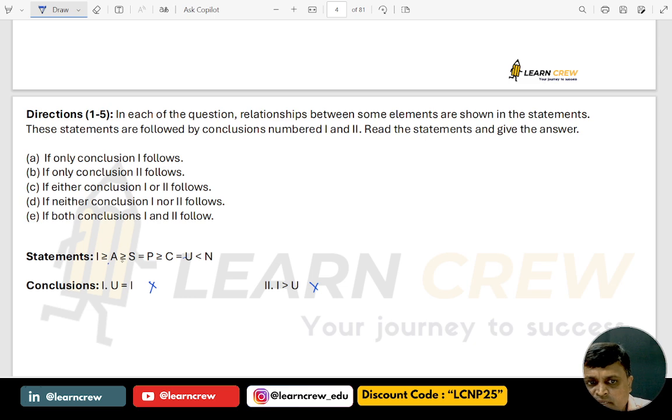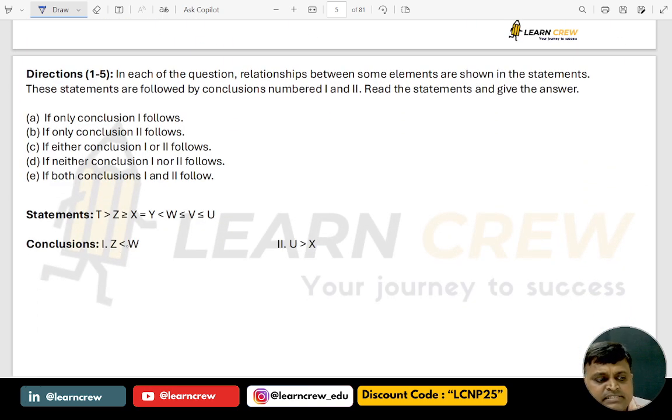Only one inequality you have between I and U. You have equal sign and you have greater than sign. So you will get I greater than or equal to U. So U less than or equal to I. So I can be greater than U or I can be equal to U. Either this or this, any of these two will definitely happen, but not both simultaneously. So the answer is either 1 or 2.